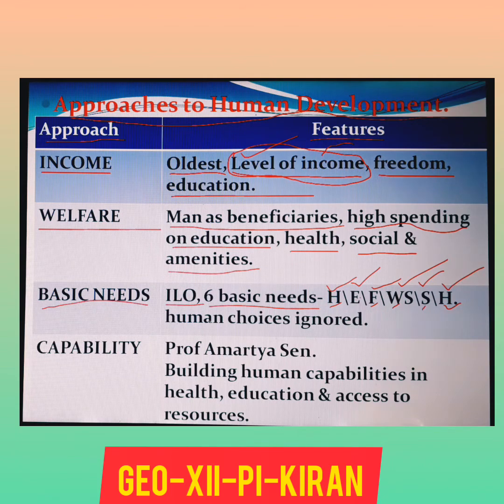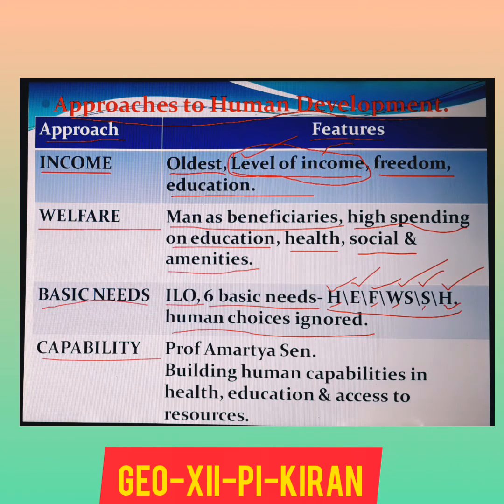The problem here is that human choices are ignored. And again, to provide these six basic needs, the government has to spend a lot of money.